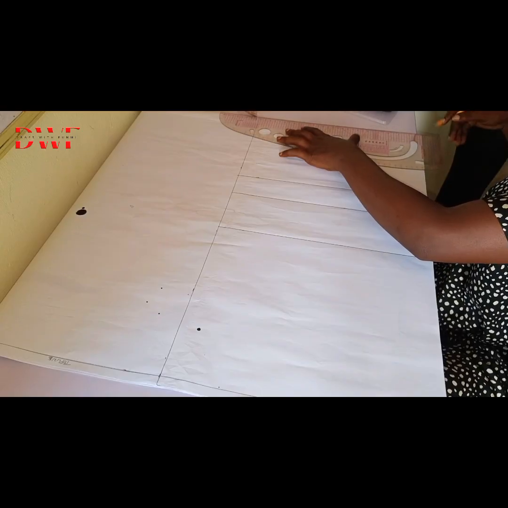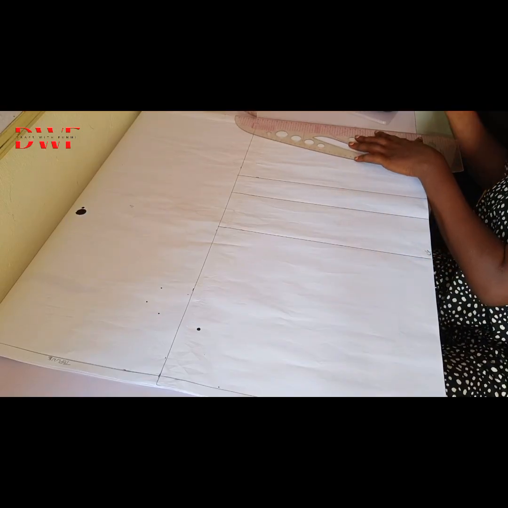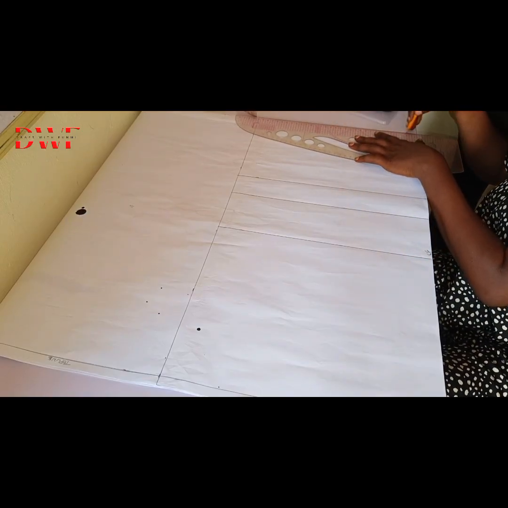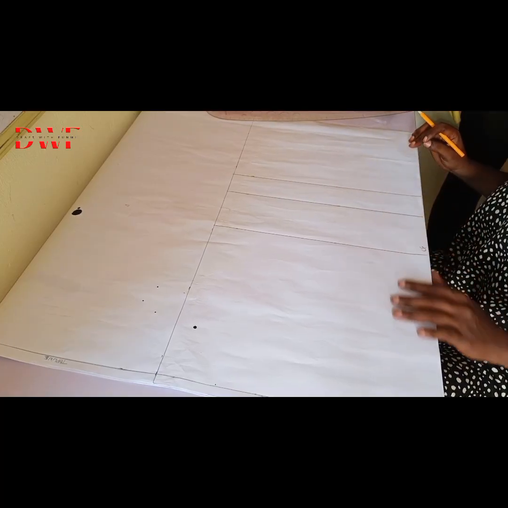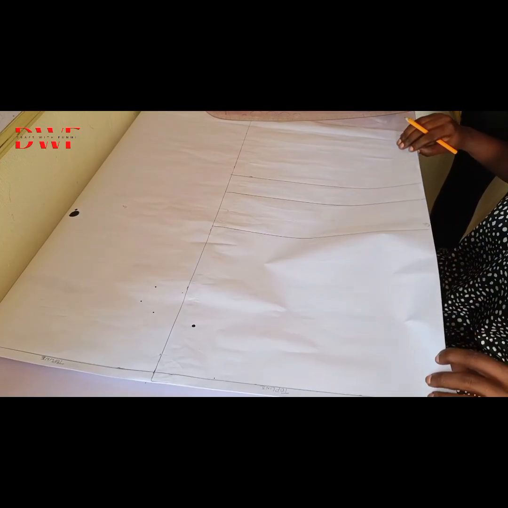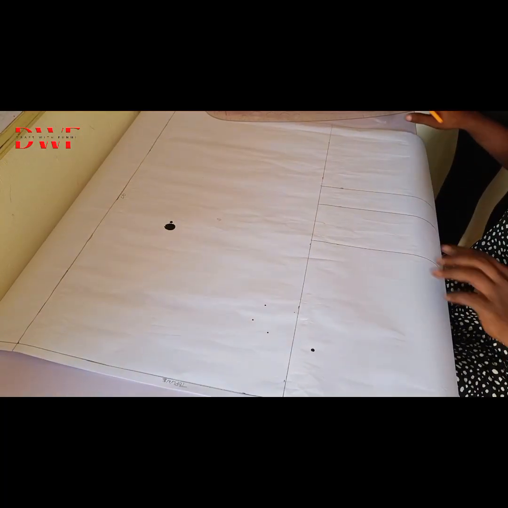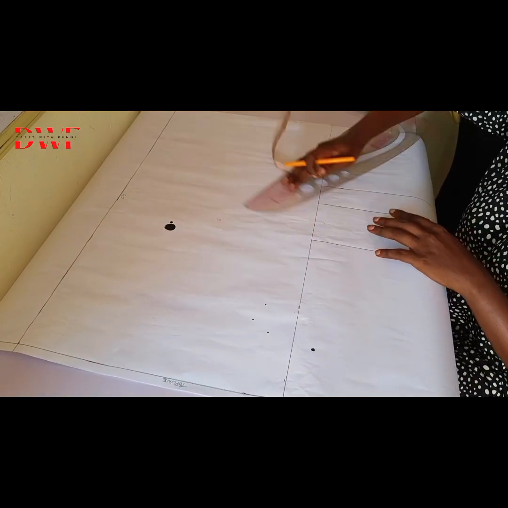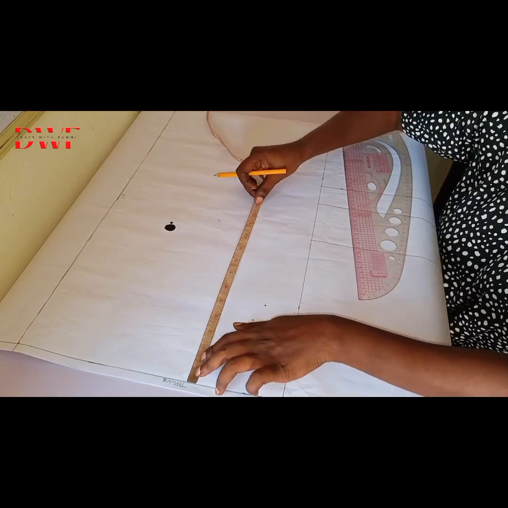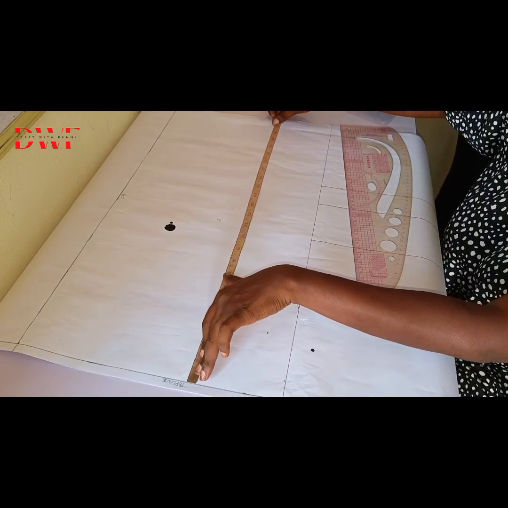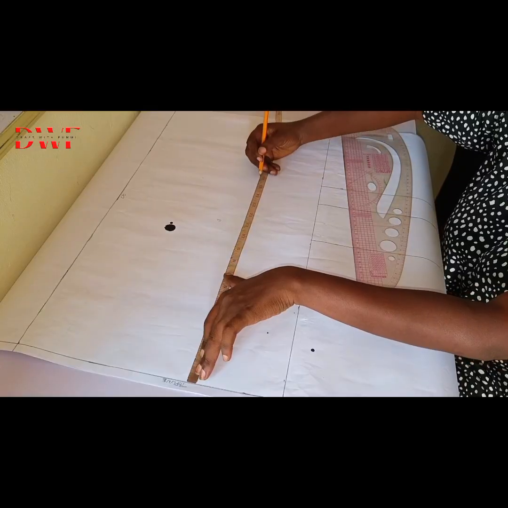Your blouse length can easily be longer than this. I'm using 24 inches, which is also my hip line, because I want my blouse to sit on my hip. The average measurement for a blouse length is 27 inches, or you can go lower, but you can go higher than that unless you're making for a specific style or you're going with a gown.